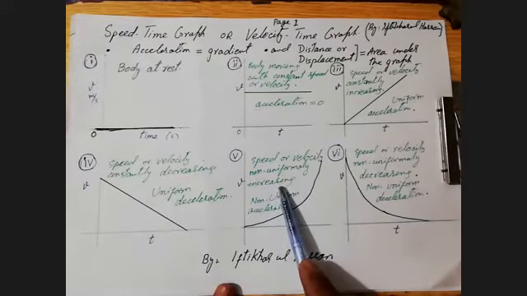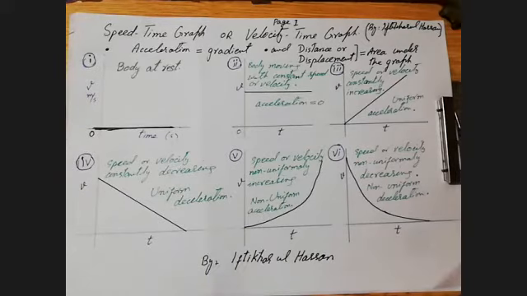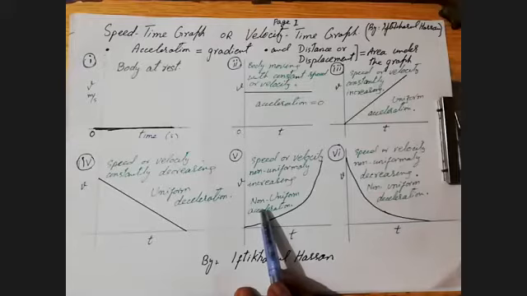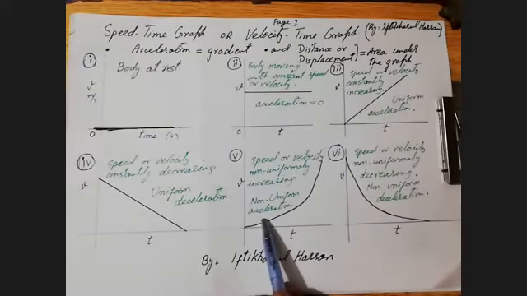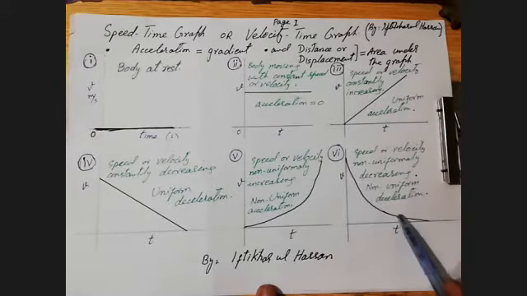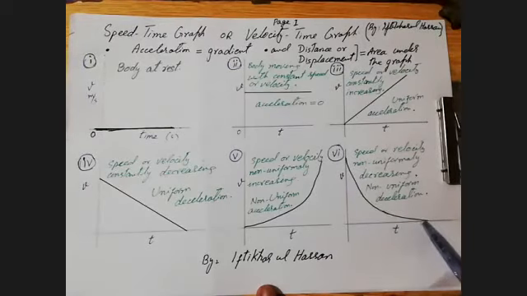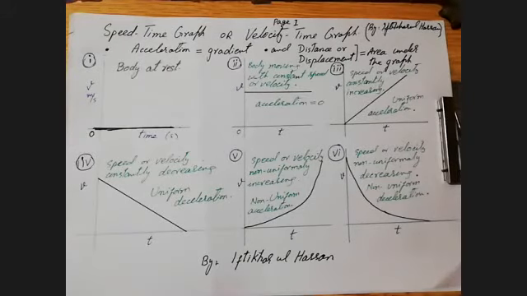As you know, when the velocity or speed is non-uniformly increasing, there will be non-uniform acceleration. In the same way, if the velocity or speed is decreasing non-uniformly, then this also shows non-uniform deceleration. These are the explanations.